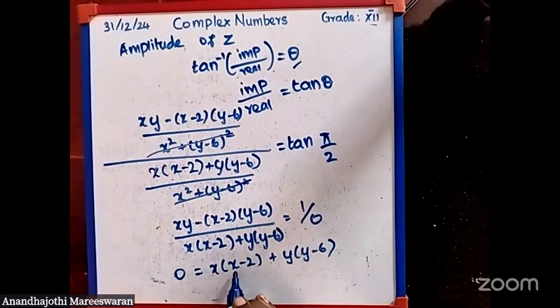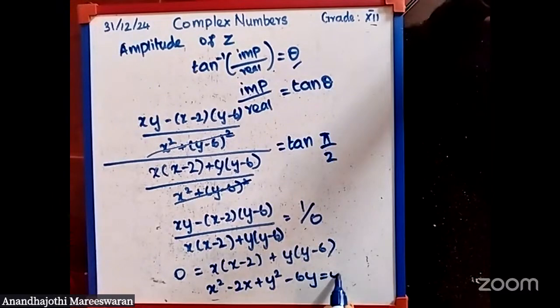So x into x is x squared, x multiplied by minus 2 is minus 2x, plus y squared minus 6y equals 0. So this is the locus of z. So the locus of z is x squared minus 2x plus y squared minus 6y equal to 0.